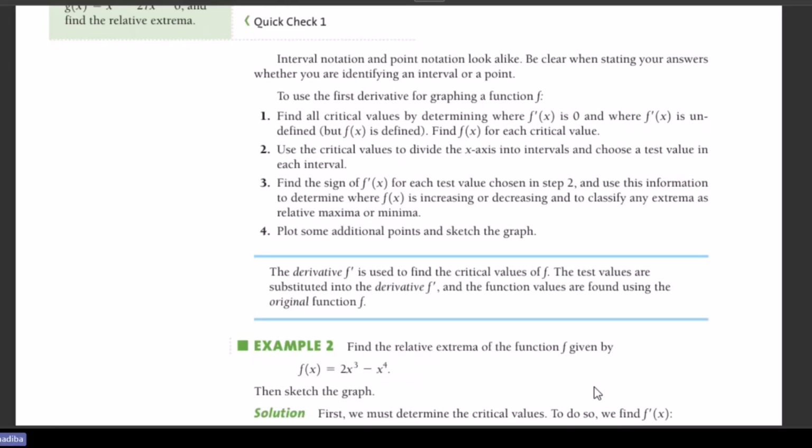If you did that, then in your last row, according to the signs you got, you will be able to tell where the function is increasing or decreasing. Is that what you did? Yes, sir. After that, you take the critical values and substitute them into the original function to get the corresponding y values, to form the coordinates for the relative maximum and the relative minimum.